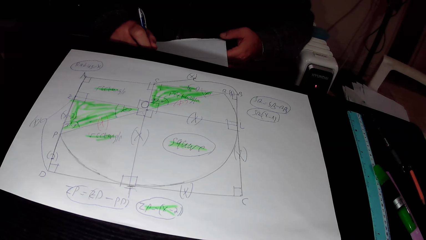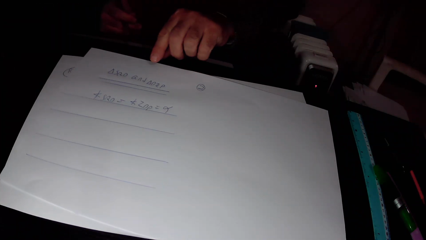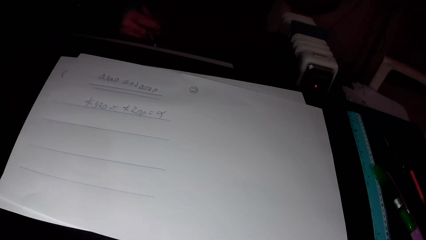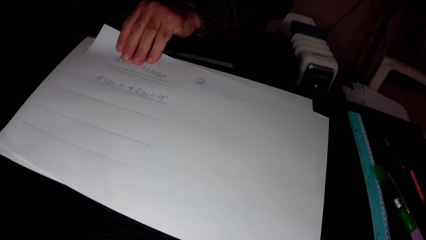Again, we should find out that angle SQO in the right green triangle SQO equals angle ZOP in the right green lower triangle ZOP. They are both equal to alpha, and therefore they are equal to each other.